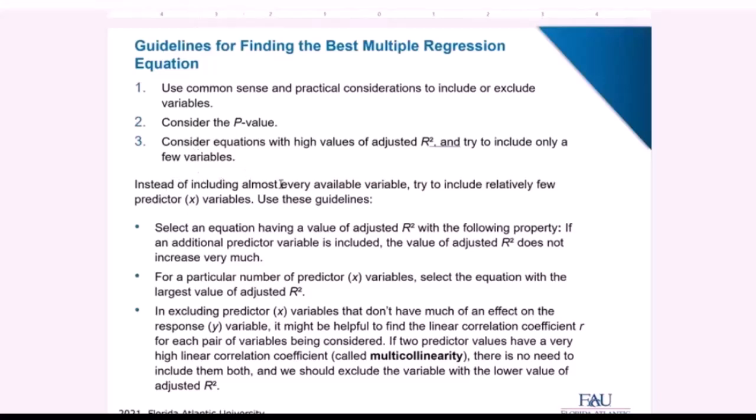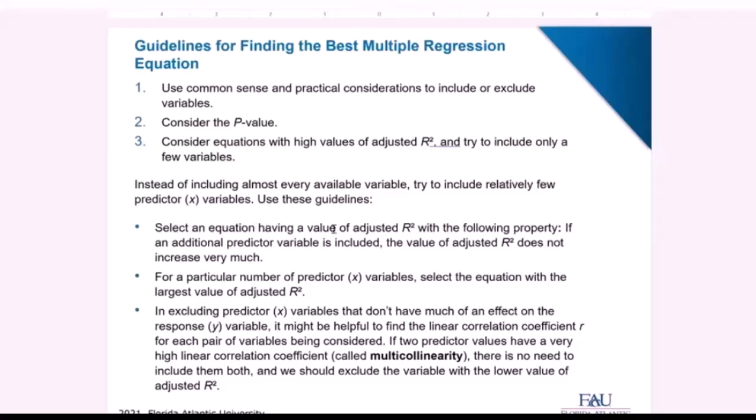Instead of including almost every available variable, try to include relatively few predictor variables. Use these guidelines. The less, the better. We want to use all the variables that actually will help us to get a better prediction, but we don't want to use more than what we need. We want to use the least amount of variables that gives us the best information.